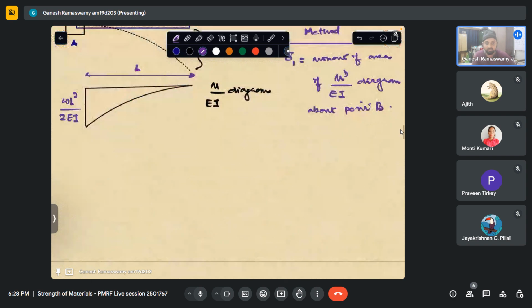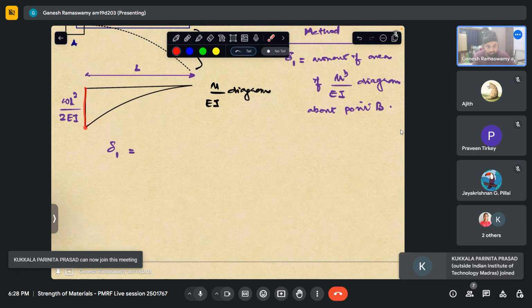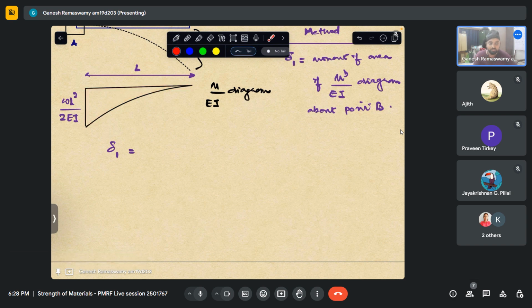So let us go ahead and calculate this. So delta 1 is, what is the area of this parabolic spandrel? If this was straight like this, it would have been half. Since it is a parabola, it is actually 2/3 into the height, that is WL squared by 2EI into L. So this is the area.